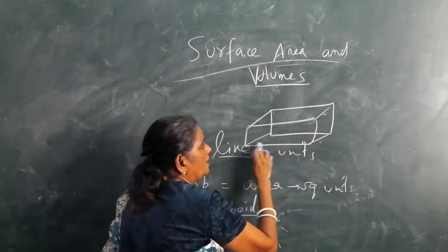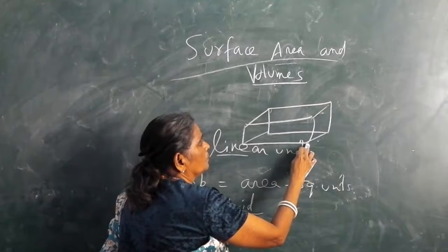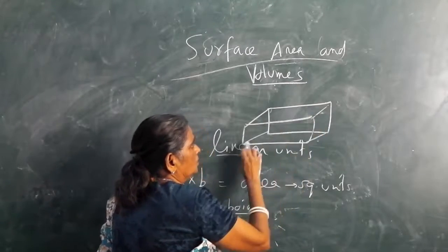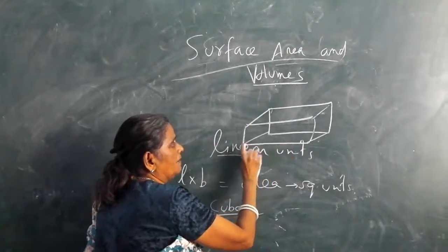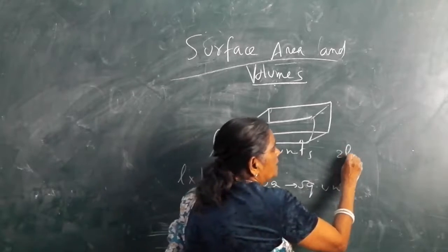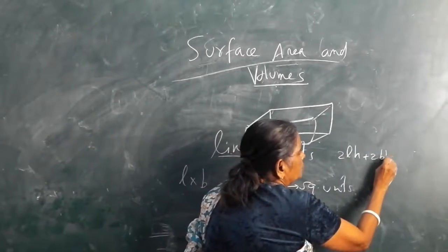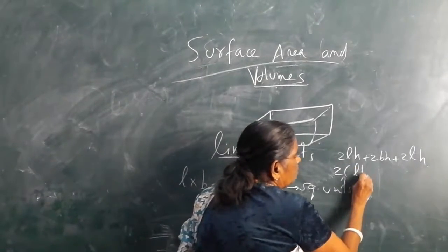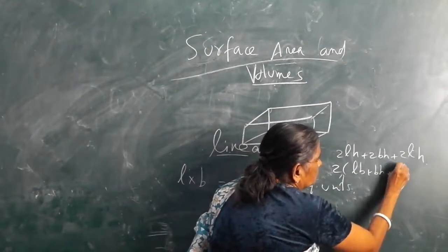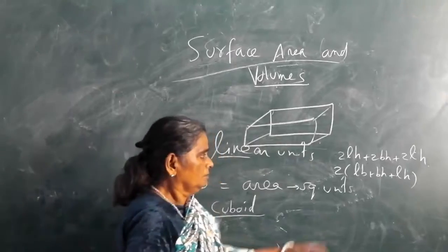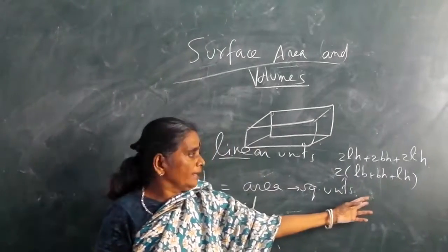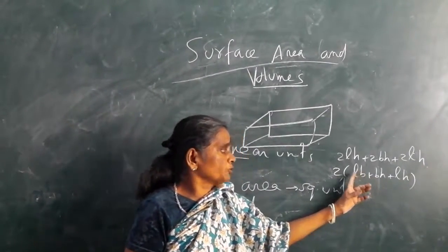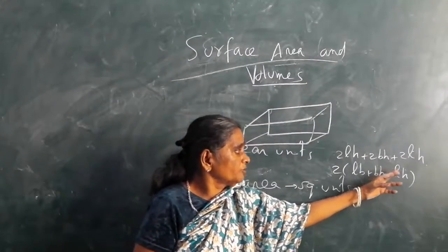See, this surface will have L into H. So the parallel surface will also have L into H, 2LH, similarly 2BH plus 2LB. So 2 times LB plus BH plus LH. L is linear, B is linear. Product of two linear units gives square units.